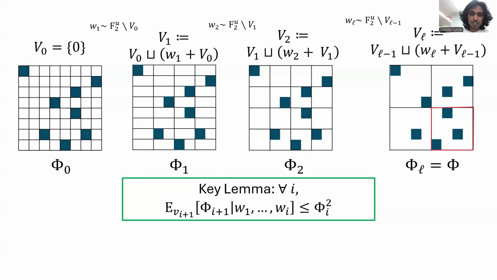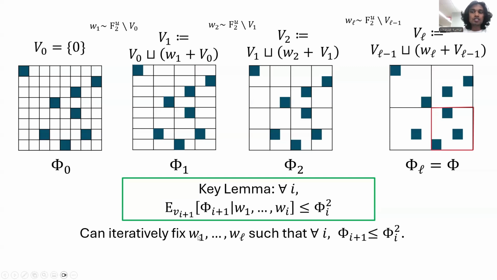Okay? So by an averaging argument, this means that there exists a W sub i plus 1 such that phi sub i plus 1 is at most phi sub i squared, right? So I can do this iterative fixing procedure so that the next potential is at most the square of the previous.